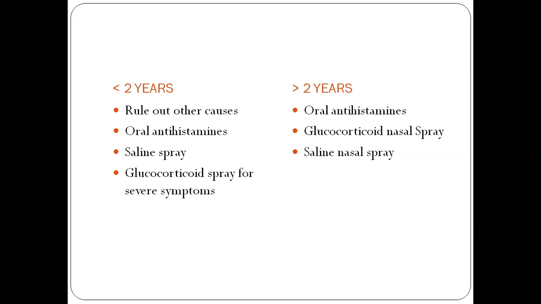In any child presenting at more than 2 years of age, for mild symptoms, we can give oral antihistamines. If the child is prone to episodic symptoms of allergic rhinitis, then we can try glucocorticoid nasal spray for a brief duration, like 1 week, 10 days. If the child is having persistent symptoms or moderate to severe symptoms, then we should start glucocorticoid nasal spray. What nasal sprays do you know? Mometasone, fluticasone.